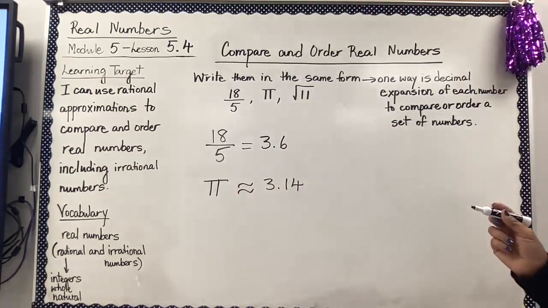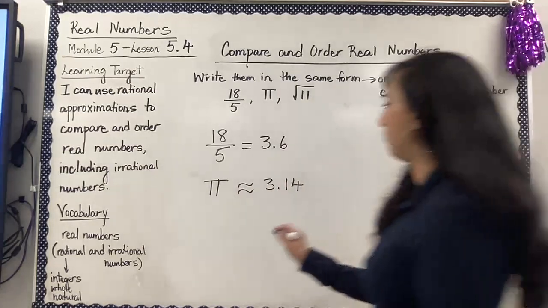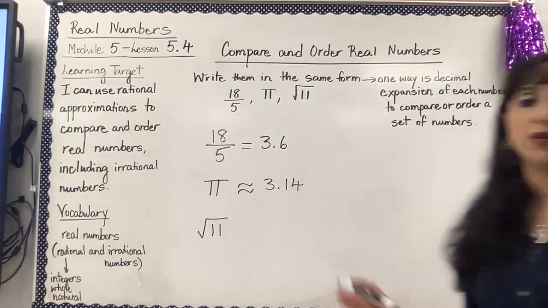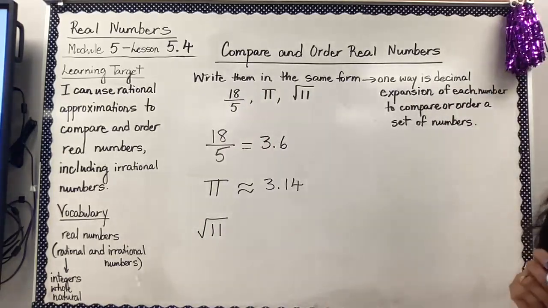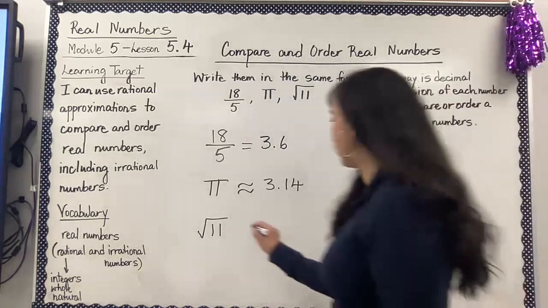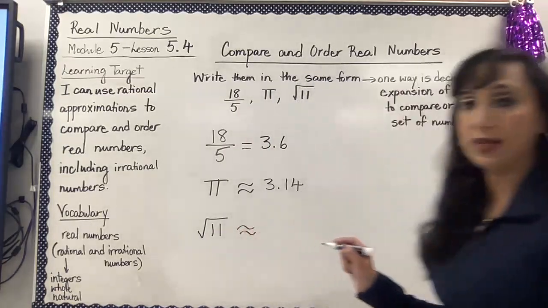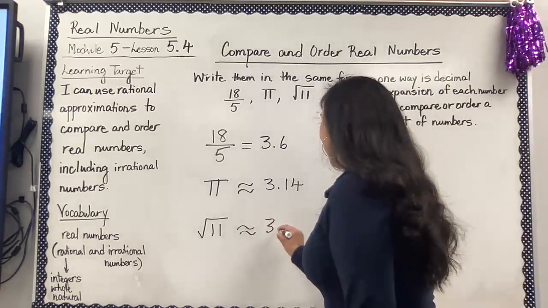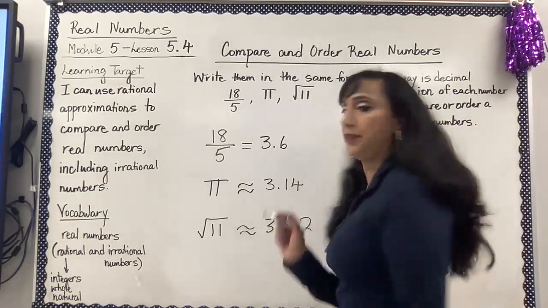And then the square root of 11. We learned how to do this yesterday, and I will do a quick refresher in a minute. When we are finding this, we get approximately 3.32.